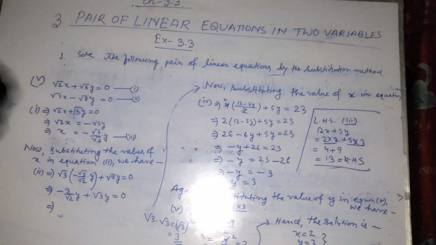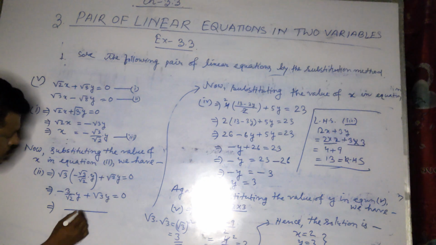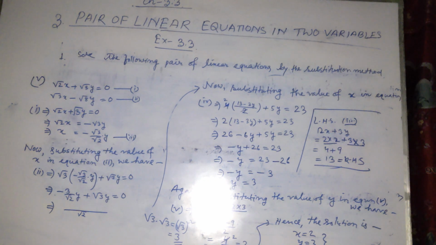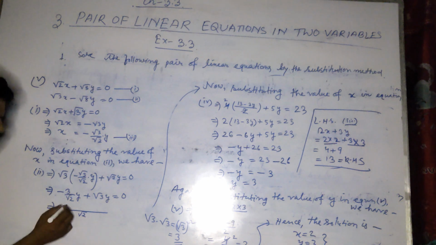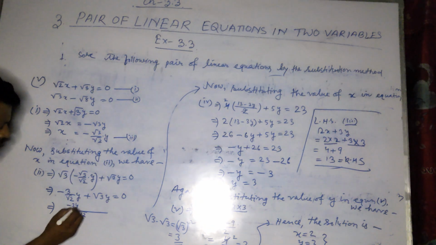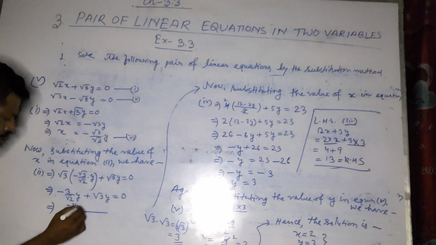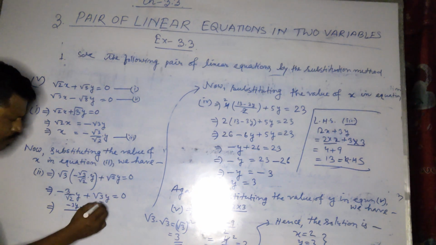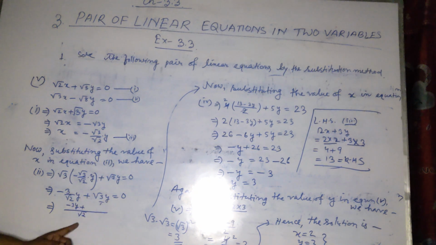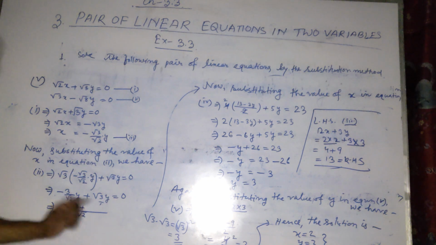Now the LCM will be root 2. If we take root 2 as LCM, then root 2 in root 2 is one time, 1 into the numerator 3y, then we will get 3y only. Plus, the denominator having nothing means 1, then 1 in root 2 is how many times? Root 2 times.